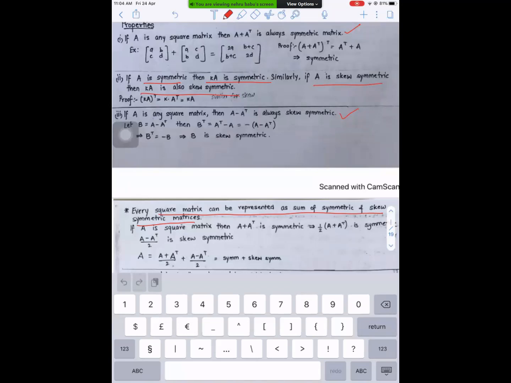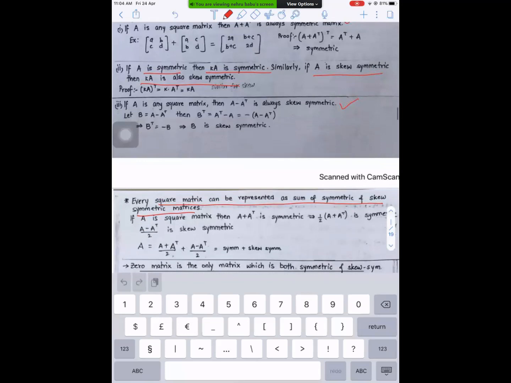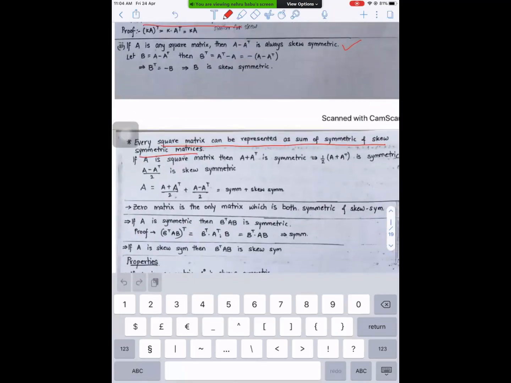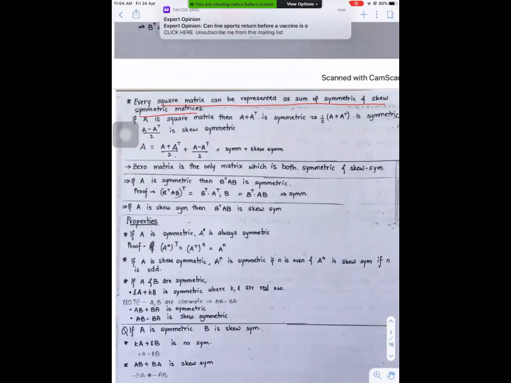And only one matrix is there which is both symmetric and skew symmetric. What is that? Which matrix is both symmetric and skew symmetric? Null matrix. The null matrix, the zero matrix, is the only matrix which is both symmetric and skew symmetric.